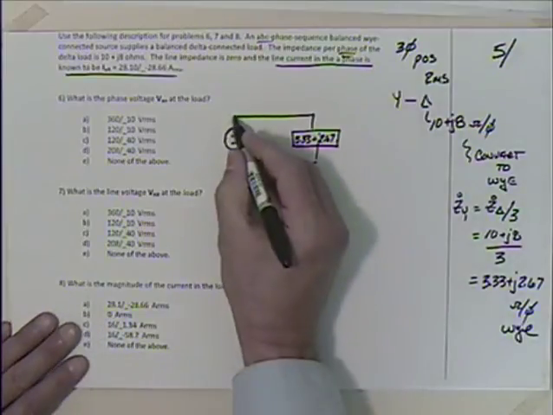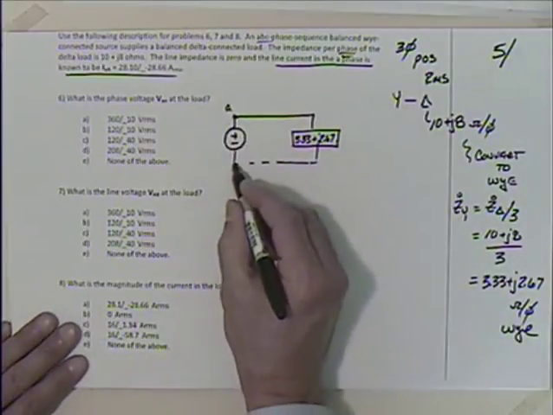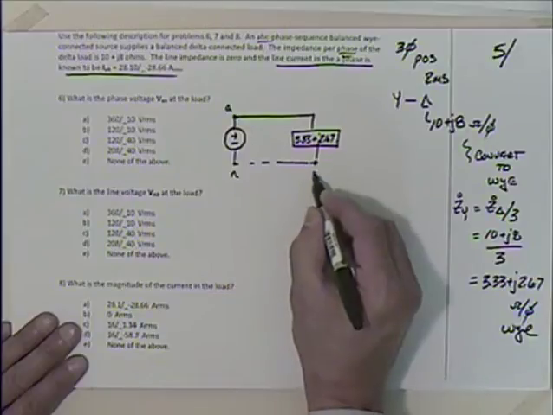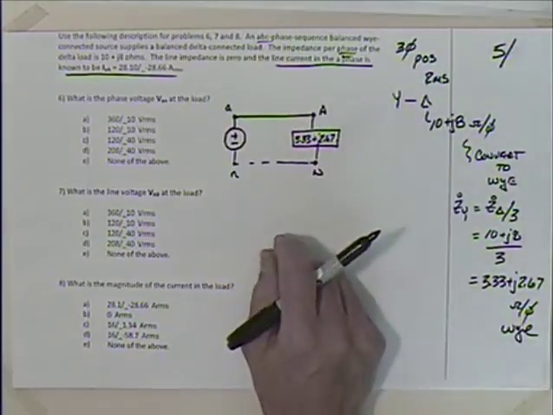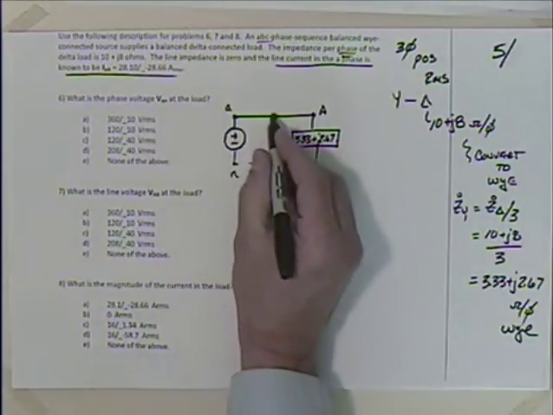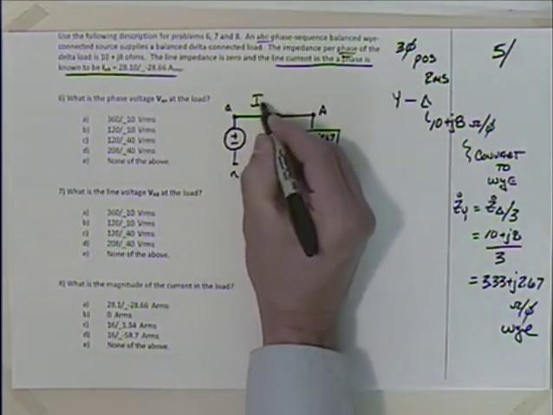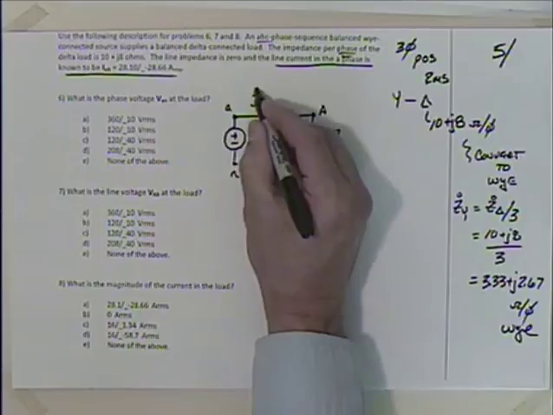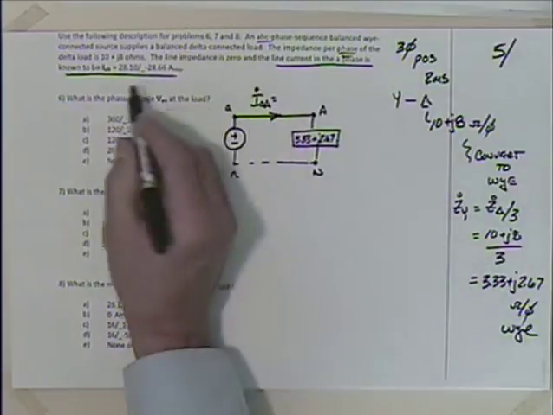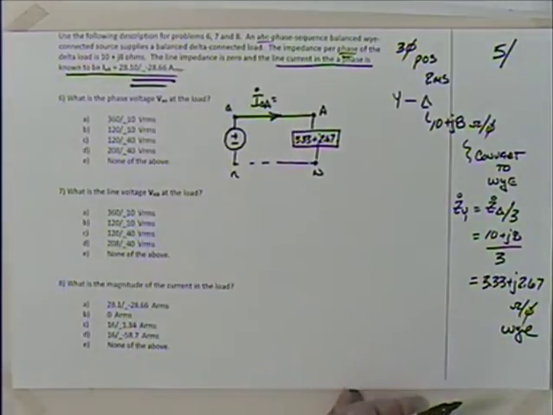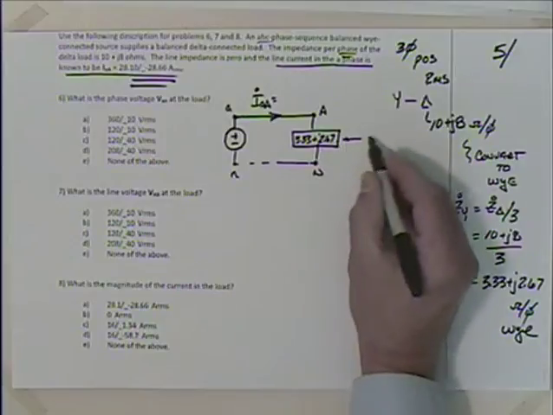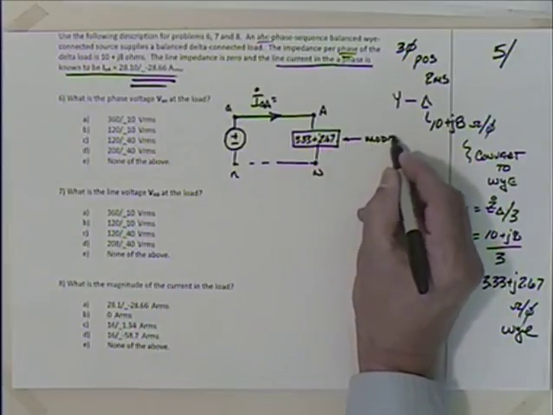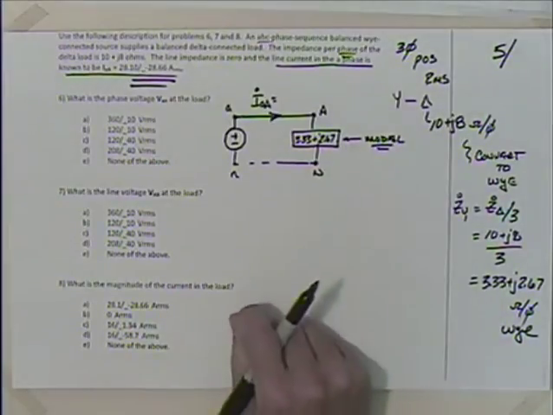And I'm going to say that this is little a and little n and big N and big A. And we're told this current up here is equal to that thing, right? I won't bother rewriting it. It's that thing. Now the one thing that we have to be careful of is this is a model, okay? Because it's really a delta.